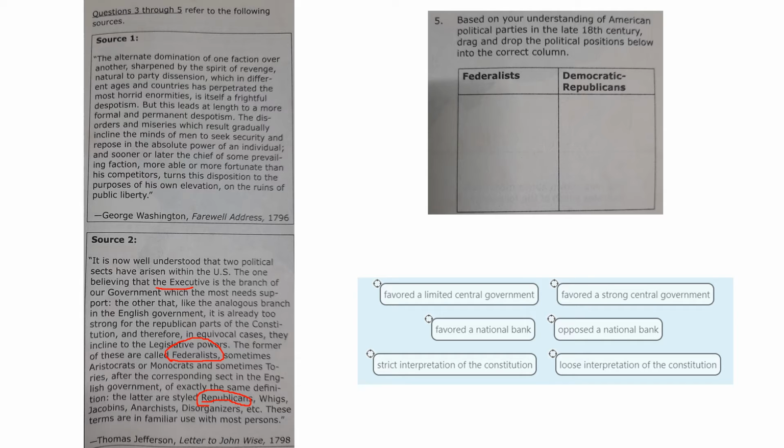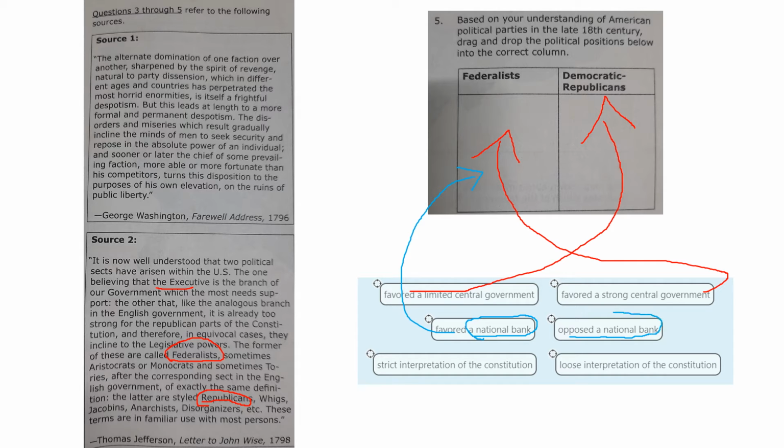So a limited central government will be the Republicans. A strong central government will be the Federalists. A national bank, well, this is more power for the nation. So this would be the Federalists. Against the national bank, meaning every state should have their own bank, there should not be a central bank. This would be the Democrat Republicans, who do not want to have a strong central government.